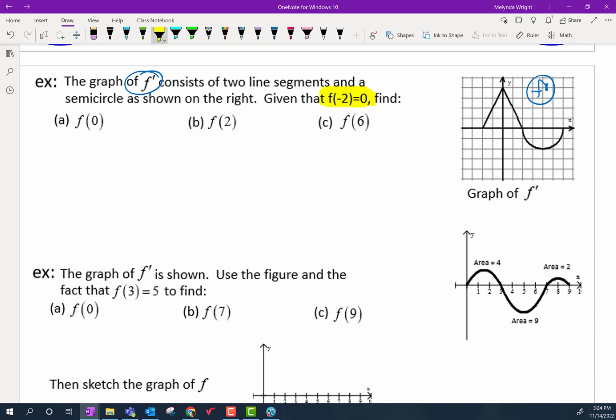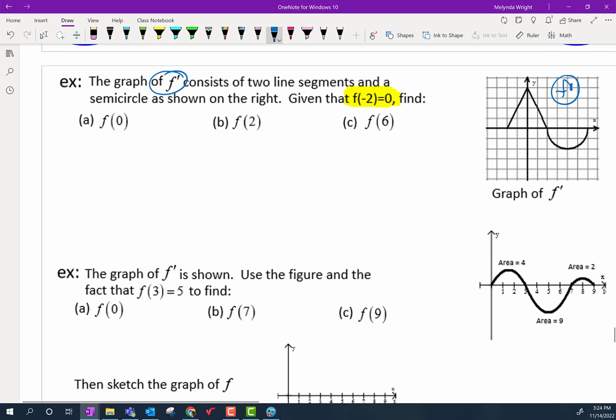So we're going to set up our fundamental theorem, because we need to find the function values. All of these points on this graph are first derivative y values. We want function values. In order to get that, we're going to have to do an integral. So we're going to go from the x that we know, which is -2, to the x that we want, which is 0.